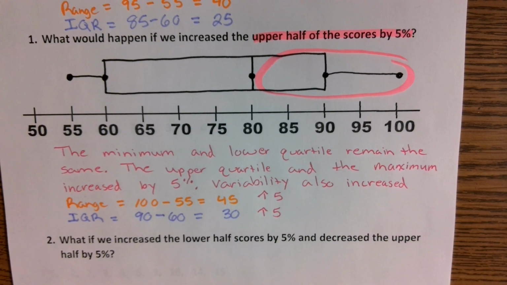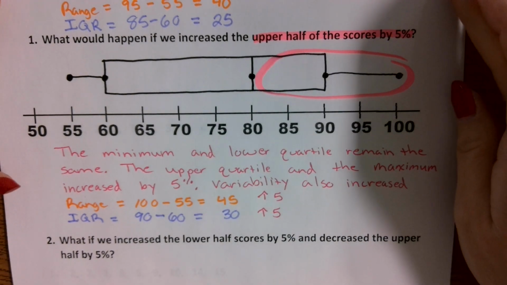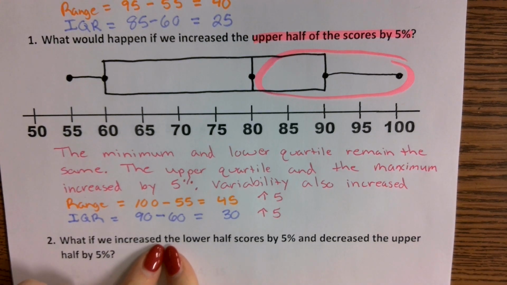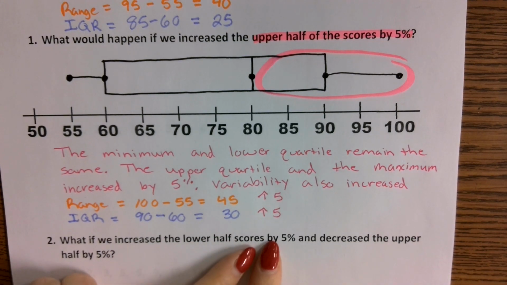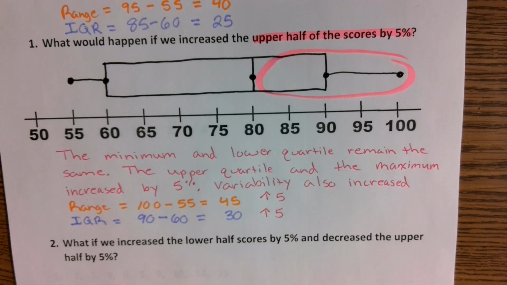Okay, now let's go back to the original data. What if instead we increase the lower half by 5% and then we decrease the upper half by 5%?